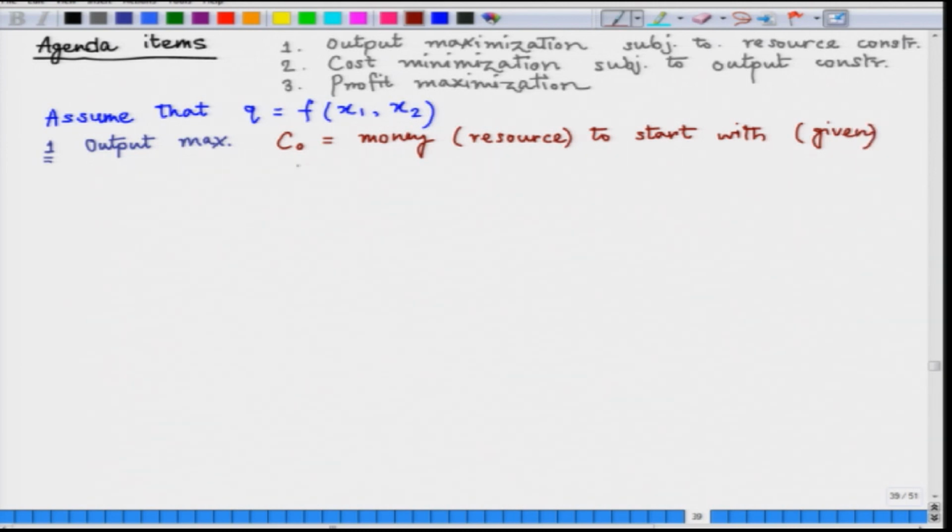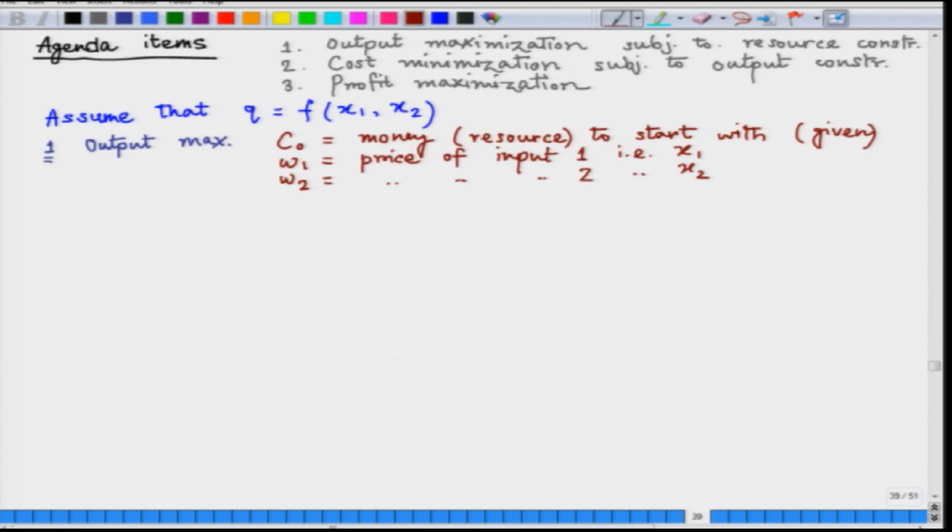And as there are two variable inputs, we have to assume two input prices. So, W1 is the price or unit price of input 1, it implies x1, and W2 is price of input 2, it implies x2.